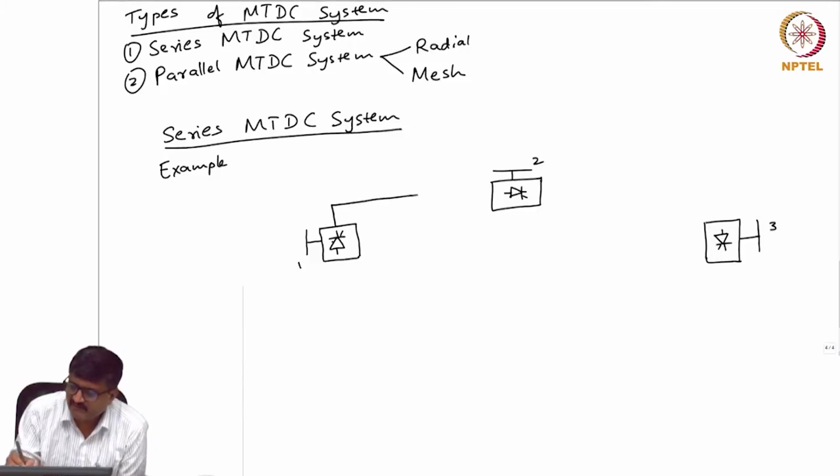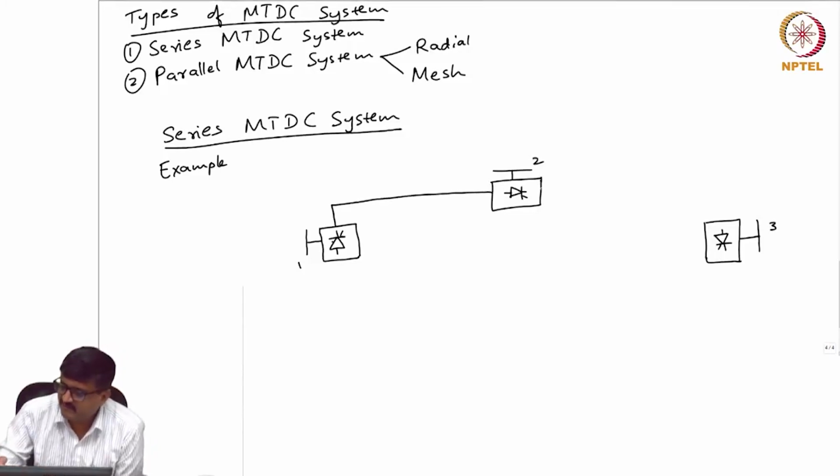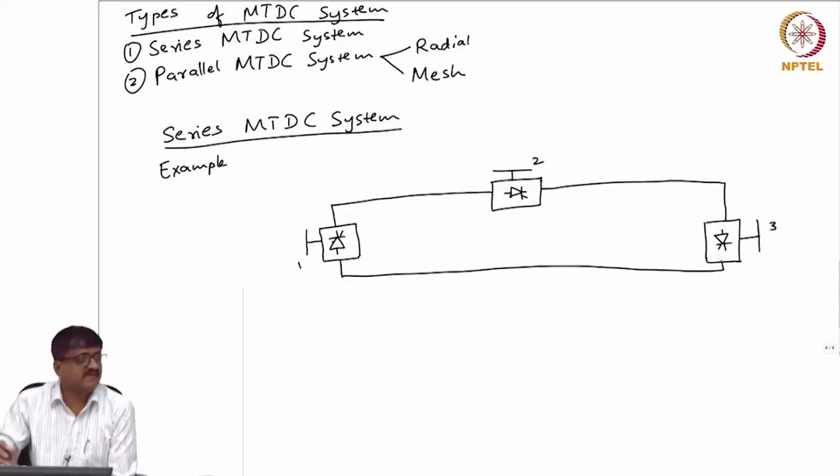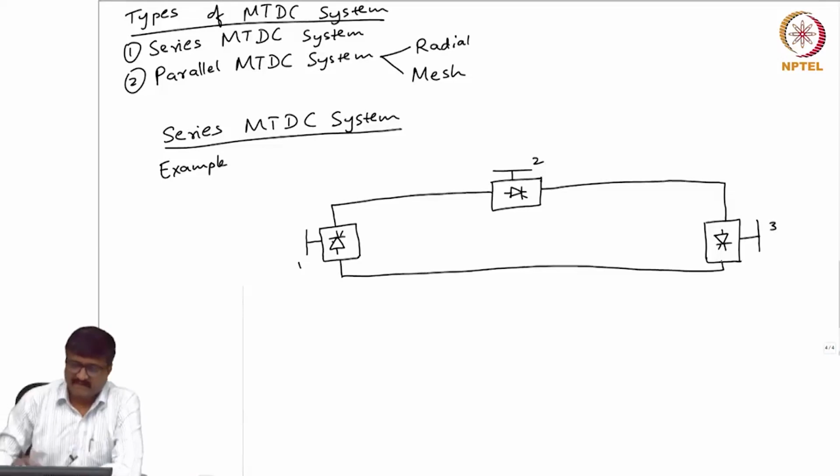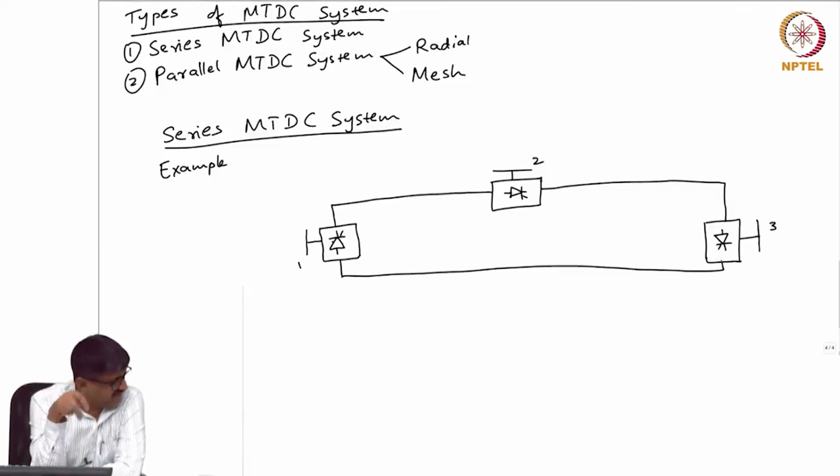I show the wire, one wire like this, one wire like this, one wire like this. If you look at any converter, there are two wires shown. These are the wires of the DC side. Now, what I am trying to say is this is an example of a series MTDC system.